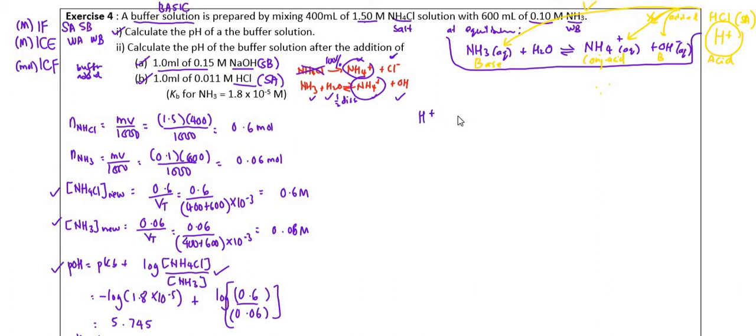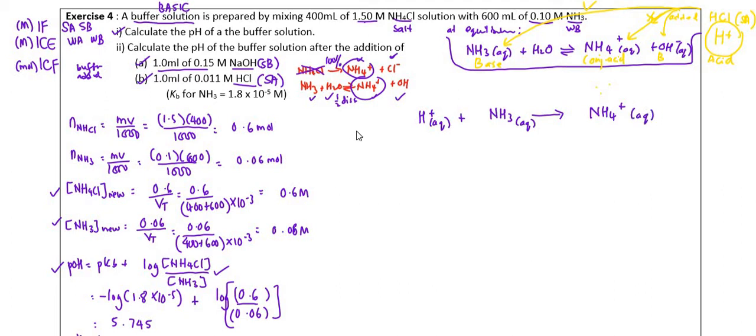H+ consume NH3 to produce NH4+, since dia adalah acid, ini adalah base, so dia akan accept proton. All the species is aqueous.